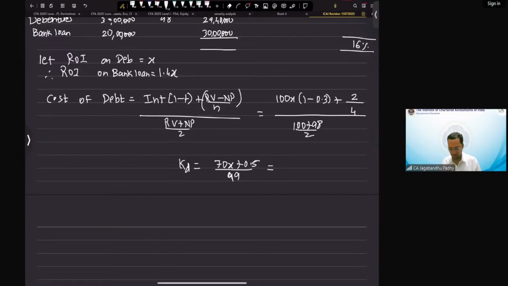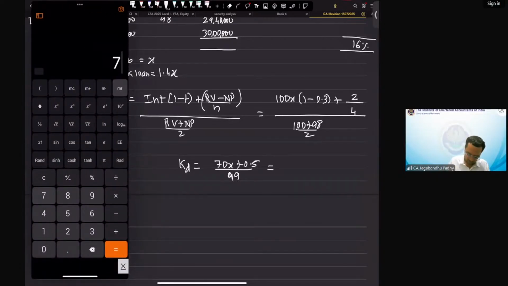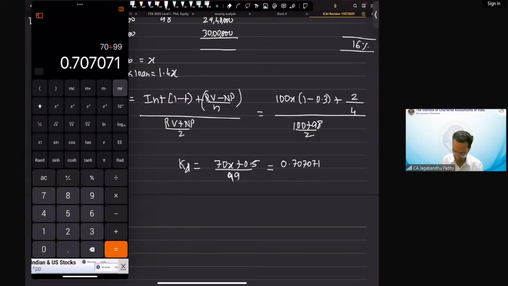This is going to be in decimal only, right? So 70x upon 99. So 70 divided by 99 is 0.707071x plus 0.5 divided by 99, 0.005051.